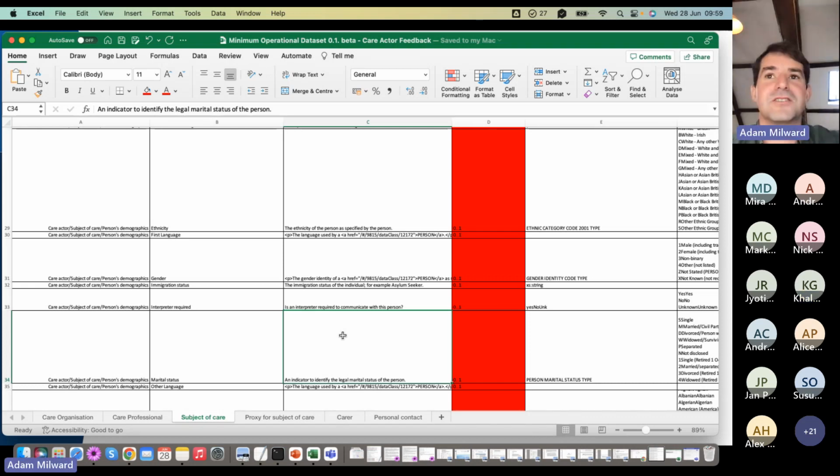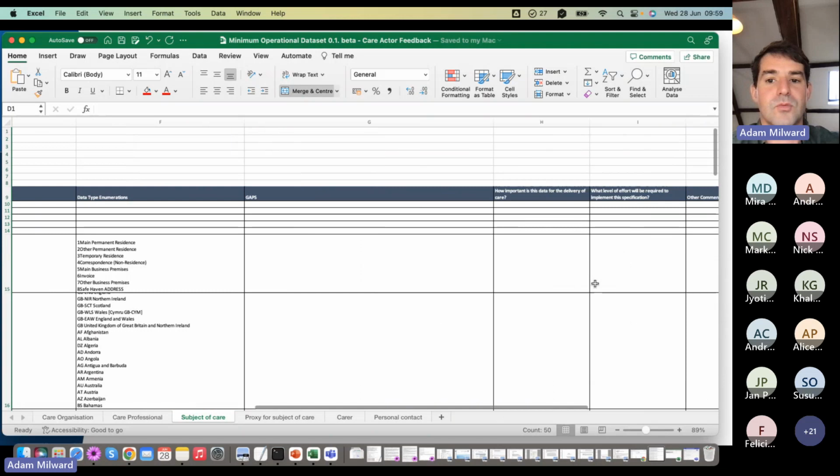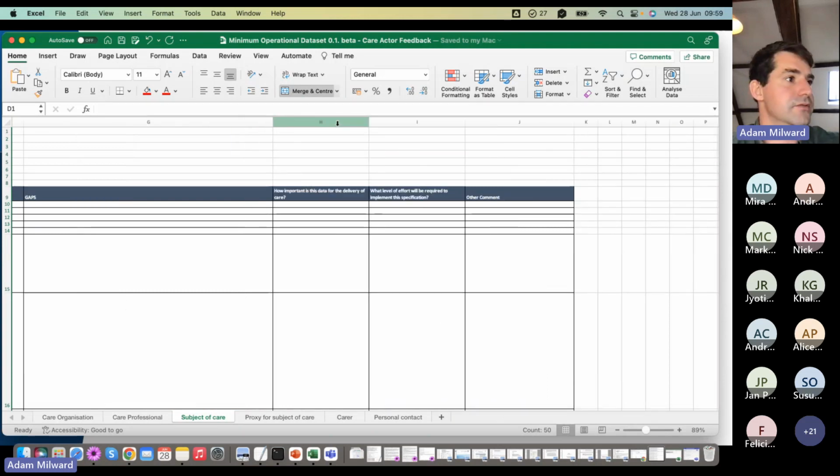Sure. I think it's a good question. That's one of the first general points in the gap analysis. The big thing that we need to work on is the multiplicities, and this is why we're looking at the impact and burden of each of these data elements. If it's possible to provide that information back to us, that will be really useful.